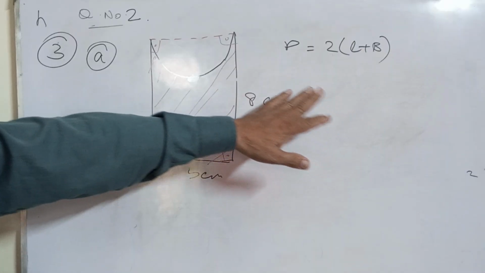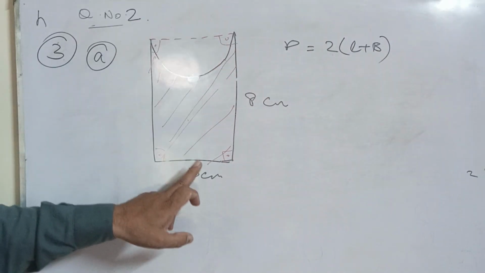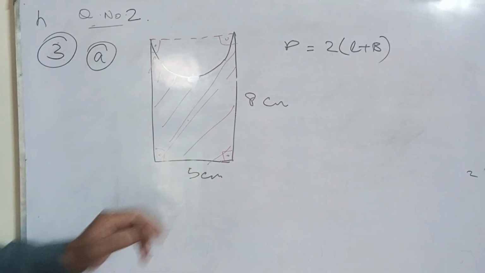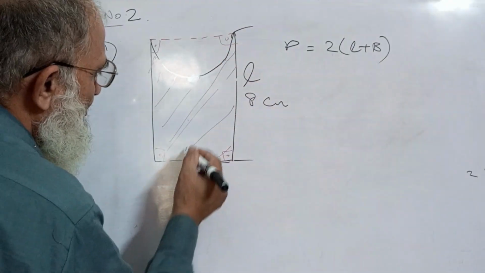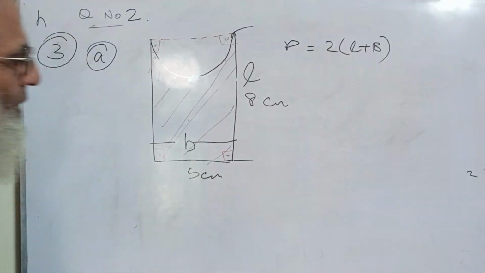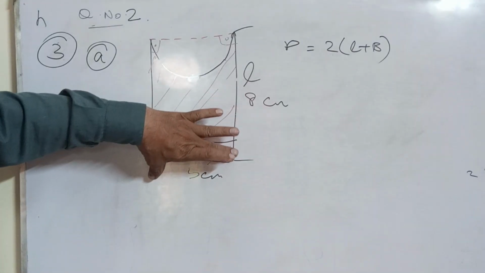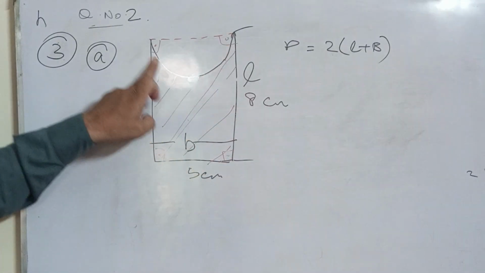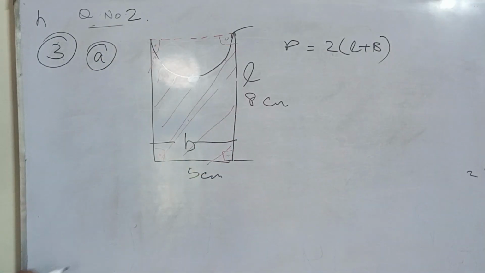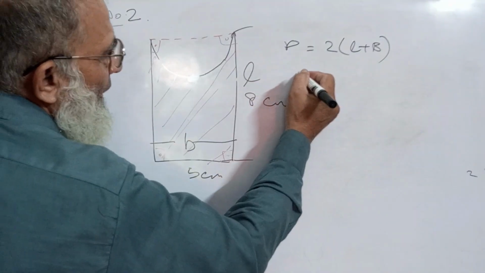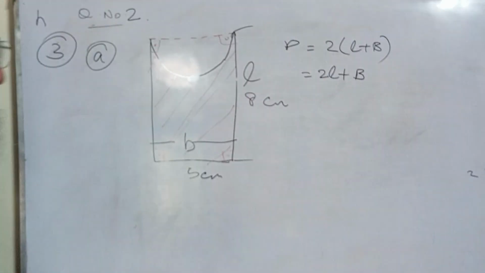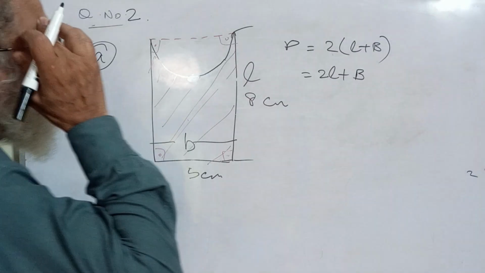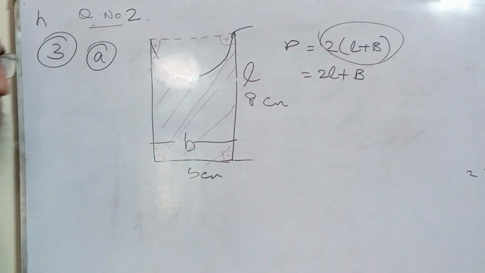But my dear students, see that we have only one B over here. So this is whole L, this is L, and this is B from here to here. Now we have only one B because this is the curved part. So our perimeter will be 2L plus B. Now this formula will not be used.